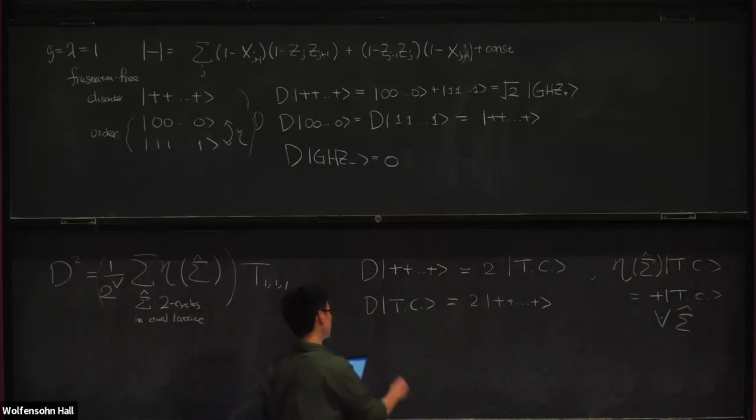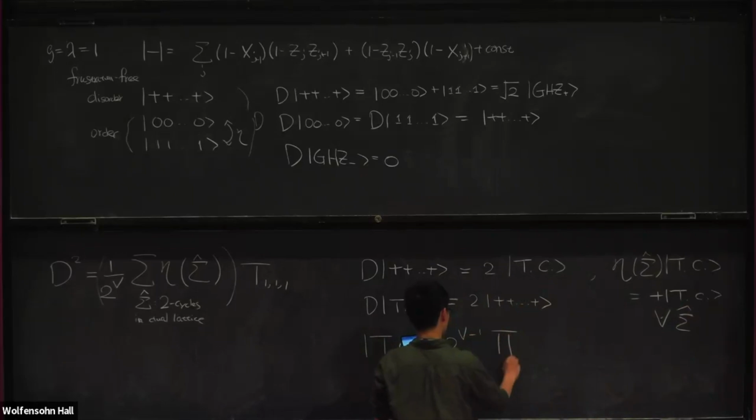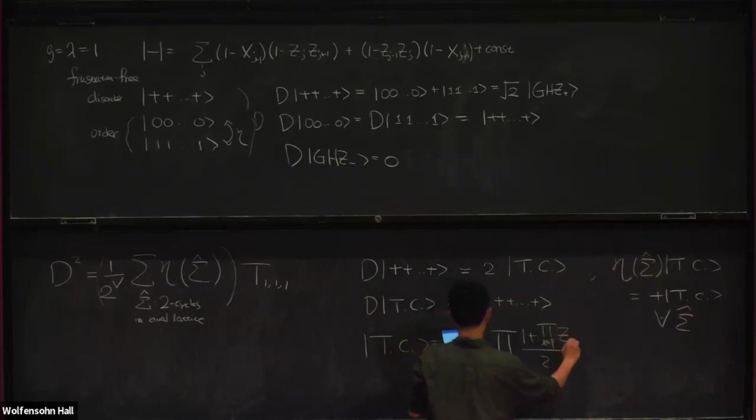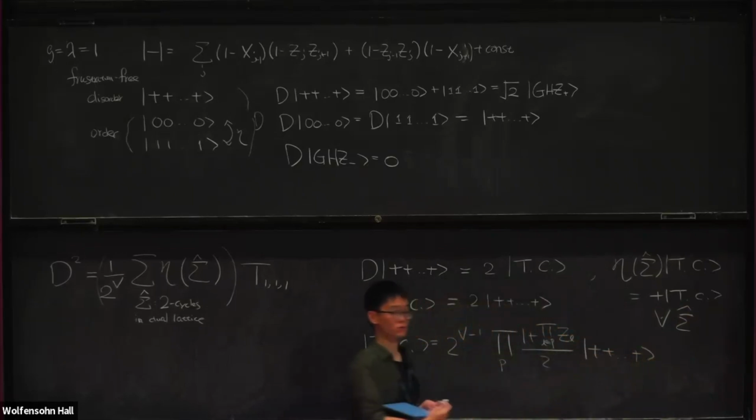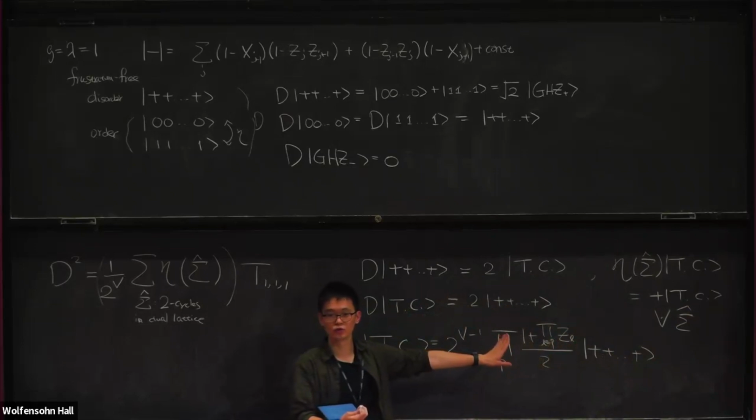And just to make it even more explicit, you can write it as this. You can start with the O plus ground state, and you add all possible loops of Z. So this is the so-called loop gas expression for the toric code ground state.